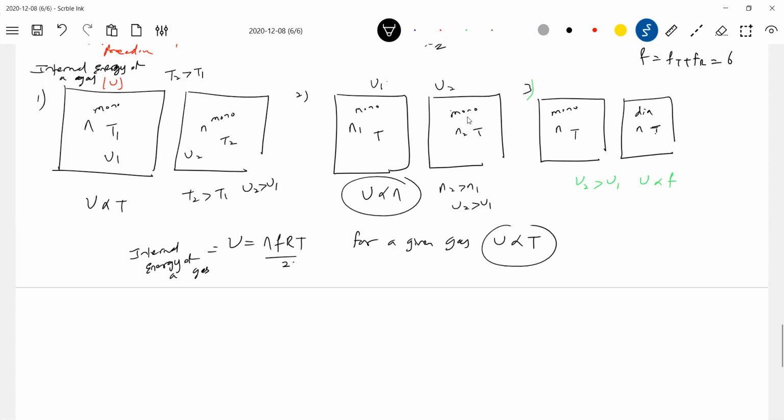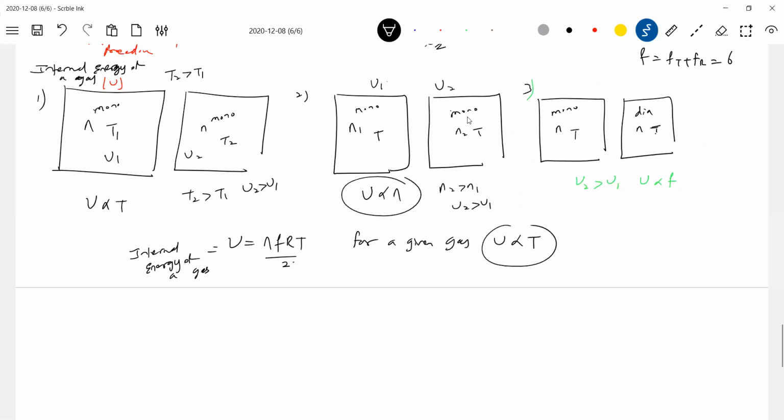Anybody having doubt, you can clarify yourself. If you have any doubt, you can express your views, because I'll go to the next concept. Okay, all of you got the degree of freedom. Then from there I introduced the internal energy of a gas.